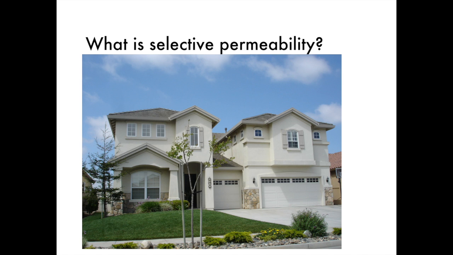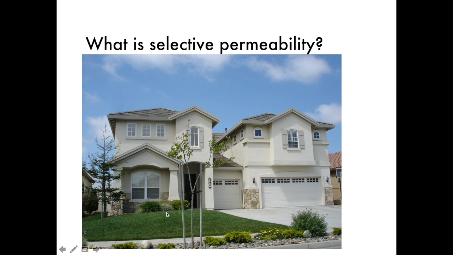So what's an example of something that couldn't get into your house? Well, imagine that you have just gotten a grand piano, and you're going to try and get it in through the front door. Your house may be selectively permeable against grand pianos. So in this house, for example, you probably want to take it in through the garage doors.